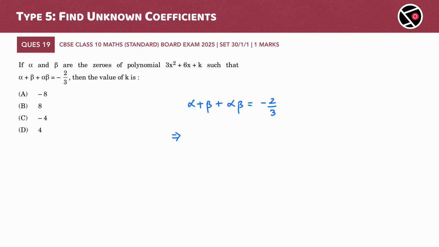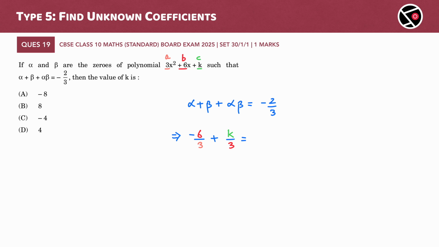Now alpha plus beta is minus b over a. b is 6 and a is 3. So alpha plus beta is minus 6 over 3. Then we have alpha beta, which is c over a. c is k and a is 3. We have k over 3.